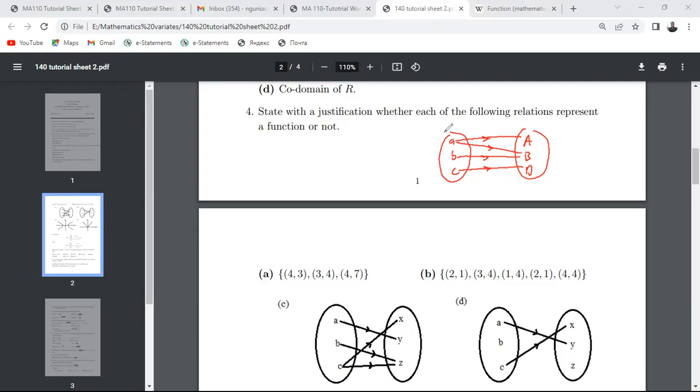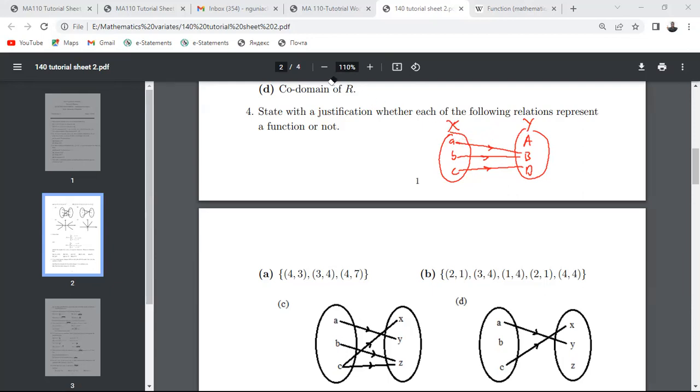So each element from the domain, X, should only... so in other words, one element should only be able to... okay, no, sorry, not the way I've written it.